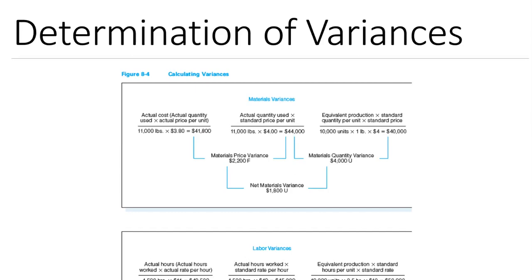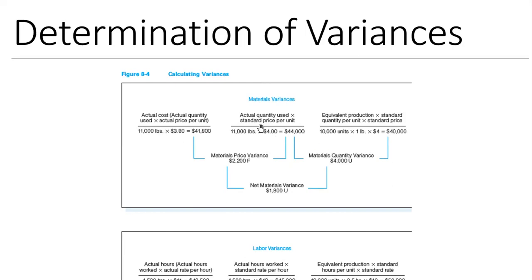But if we were looking at this without even doing the calculations, if we had an actual price of $3.90 per unit and we budgeted $4 per unit, we know that's going to be a favorable variance. We're paying less than the standard. We're paying less than what we budgeted, right?